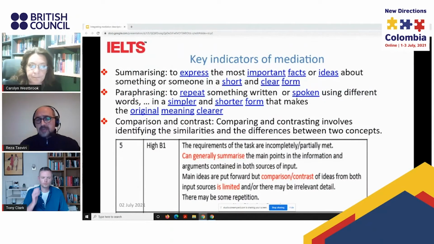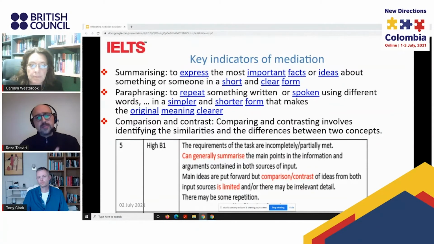And when we talk about summarizing, what do we mean by it? These keywords would highlight what we were looking at and the kind of skills or sub-skills that we were tapping into to operationalize in the scales.